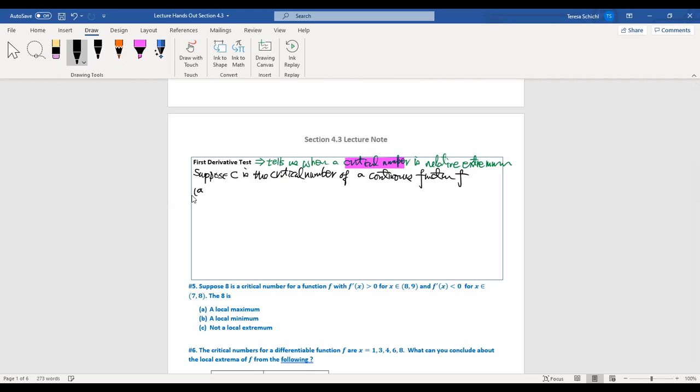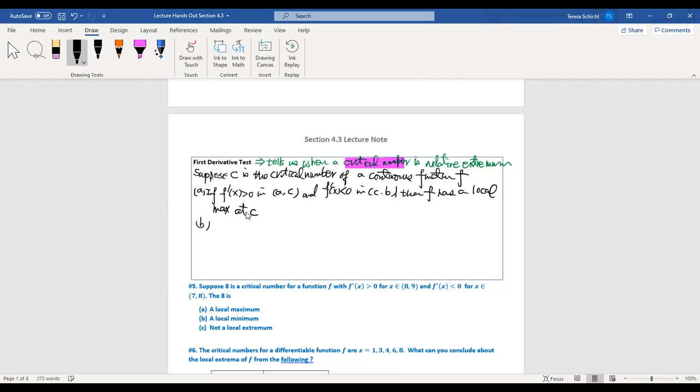And so we say if f prime of x is greater than 0 in (a, c), and f prime of x is less than 0 in (c, b), then we say f has a local maximum at x equal to c, right?